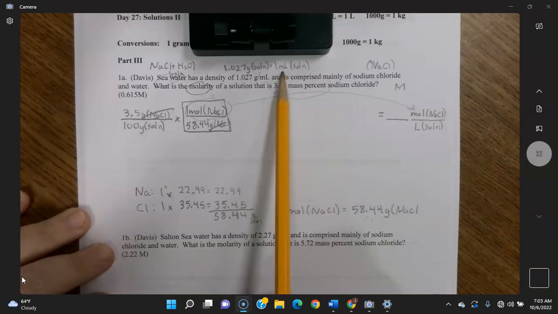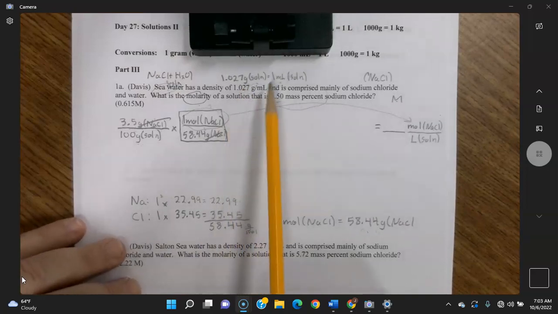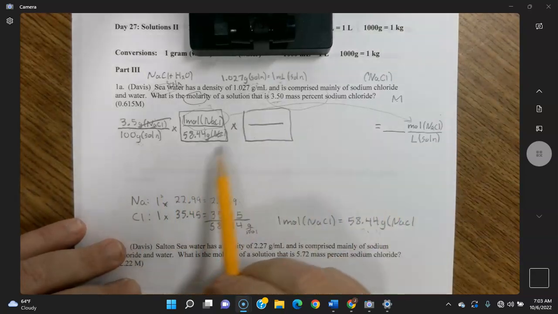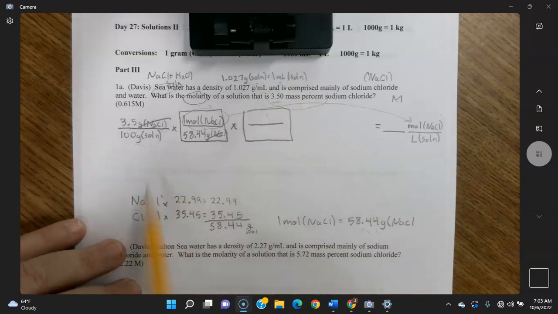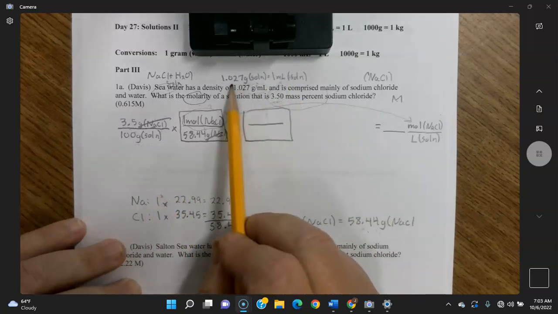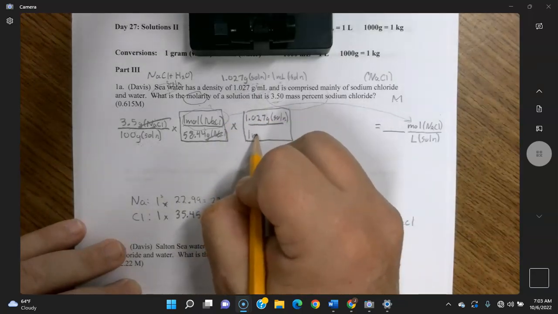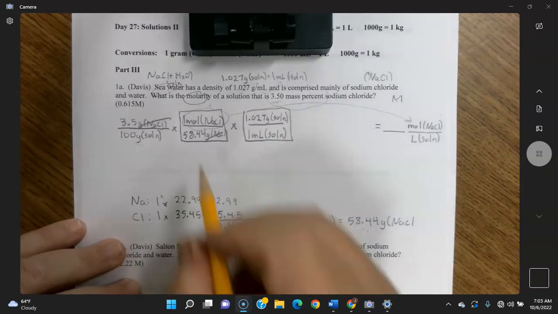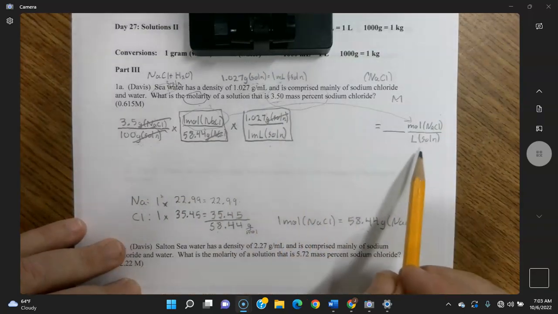That'll get us towards our final answer. So now we have a second equivalency that we've already developed out of the density. So we're going to put a box here, and we're trying to get from grams to liters, so we need to get rid of grams. So which one of these two do we put on top so that grams cancels out? The answer is the 1.027 grams of solution. And the other goes on the bottom, the 1 milliliter. Okay, so grams of solution cancels with grams of solution, and we have milliliters of solution on the bottom.